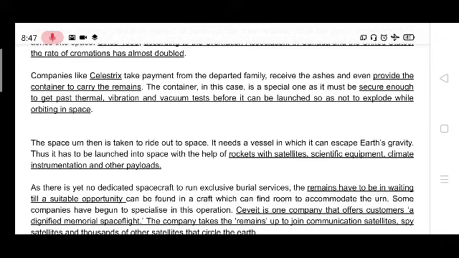Provide the container to carry the remains. And what is the specialty of that container? That it can resist all the assaults of the atmosphere when it goes to space. So vibration, vacuum test, everything.